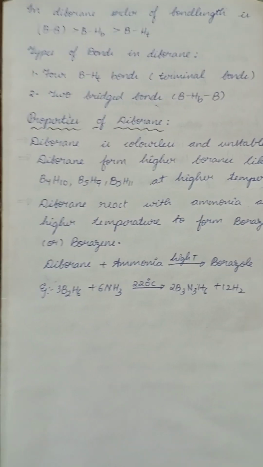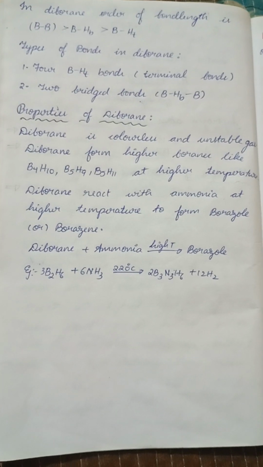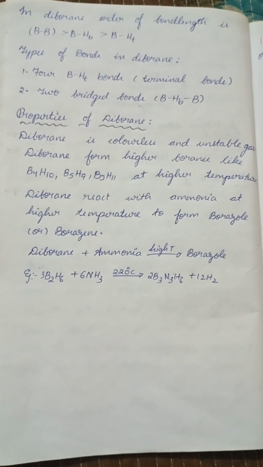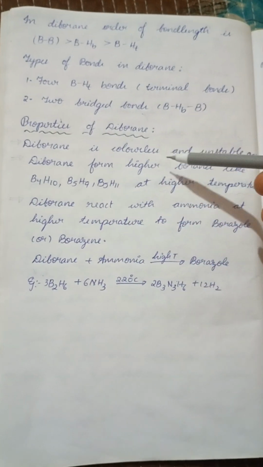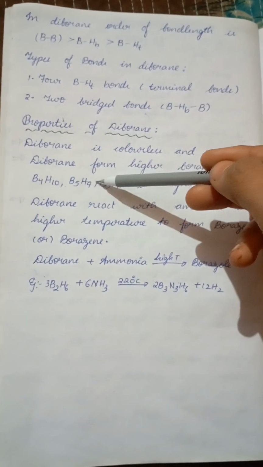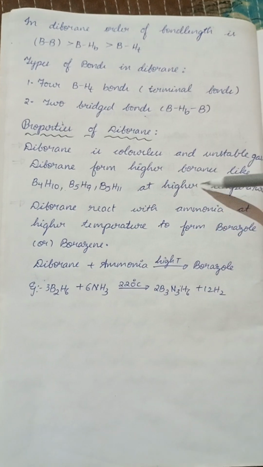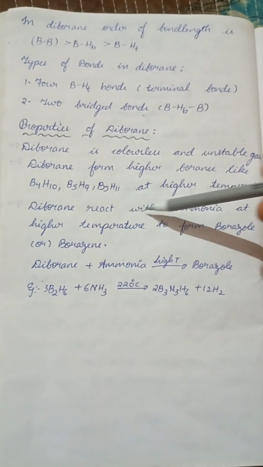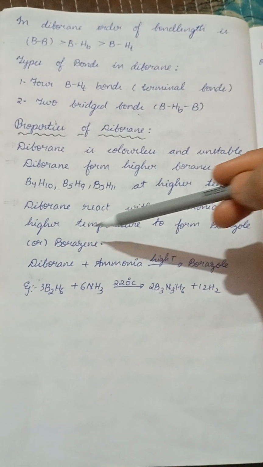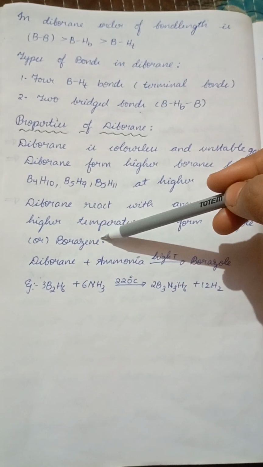Next, it comes to properties of diborane. Diborane is a colorless and unstable gas. Diborane forms higher boranes like B4H10, B5H9, B5H11 at higher temperature. Diborane reacts with ammonia at higher temperature to form borazole or borazine.